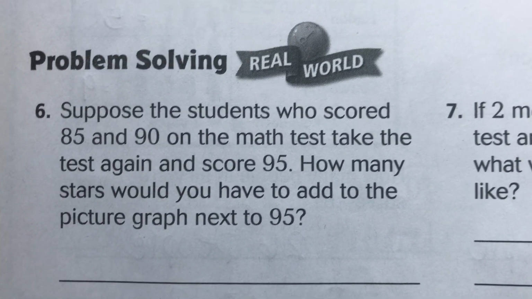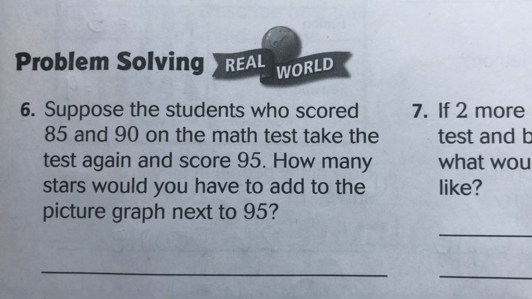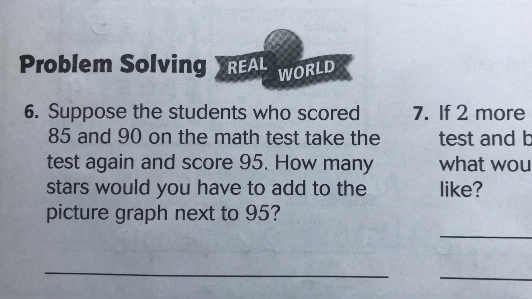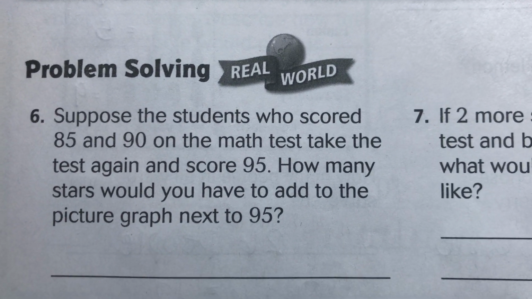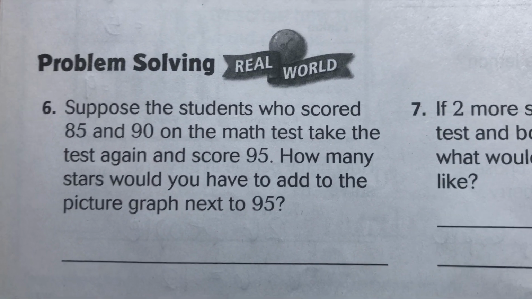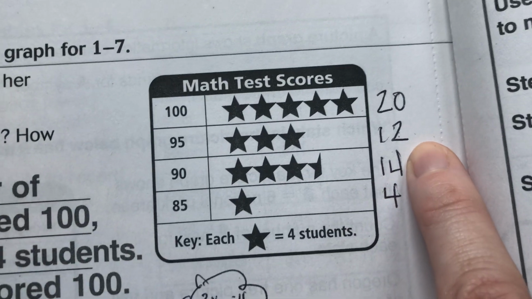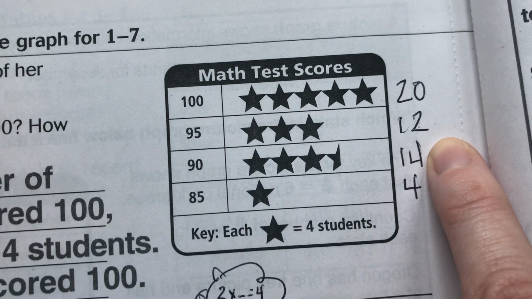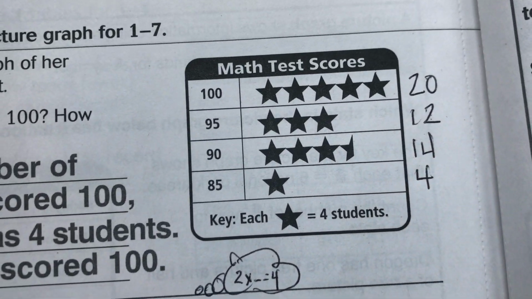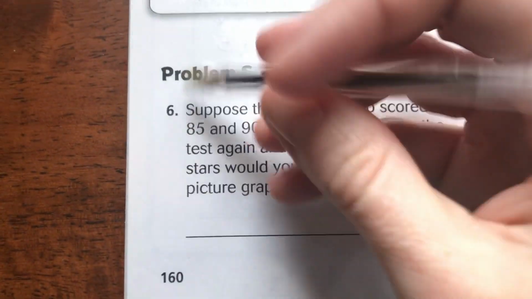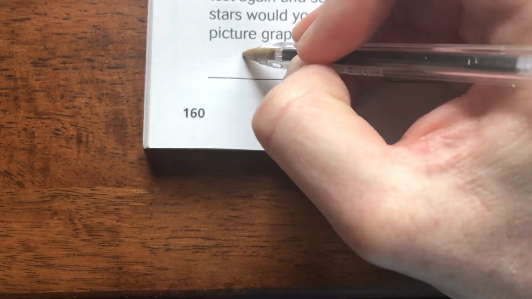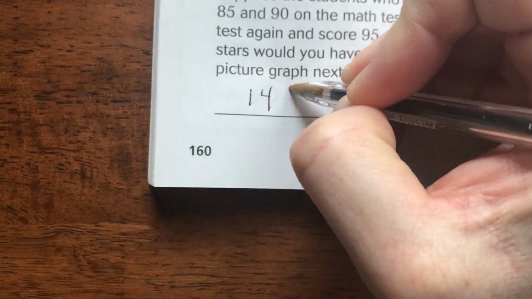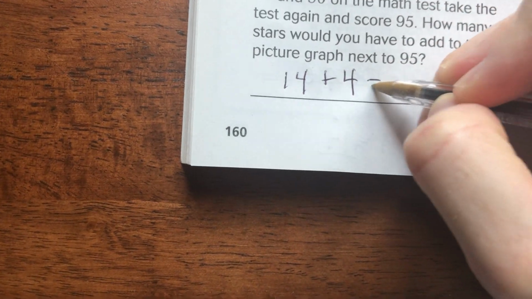Suppose the students who scored 85 and 90 on the math test take the test again and score 95. How many stars would you have to add to the pictograph next to 95? So first we need to look. 14 students scored a 90. 4 students scored an 85. So let's find the total of the students that had 90 and the students that had 85.